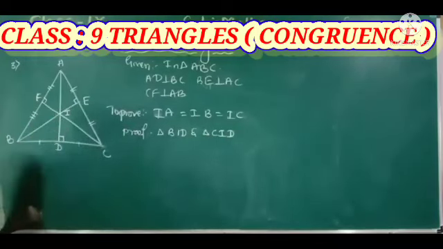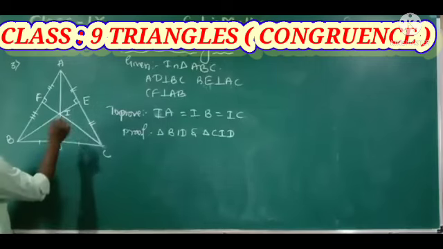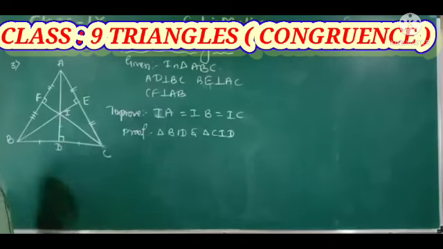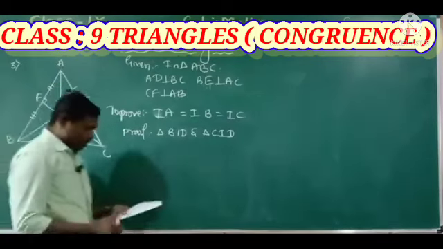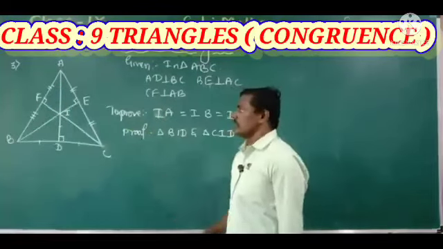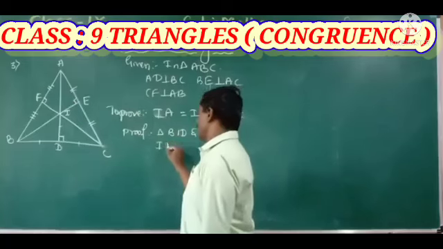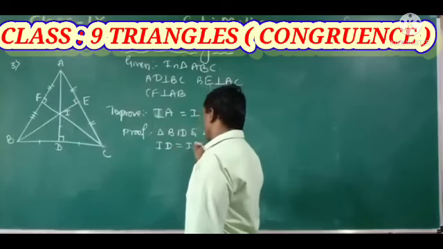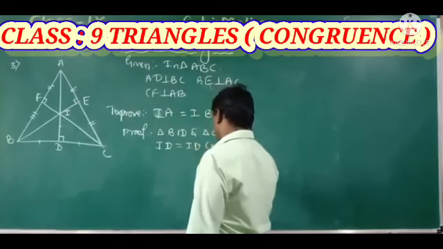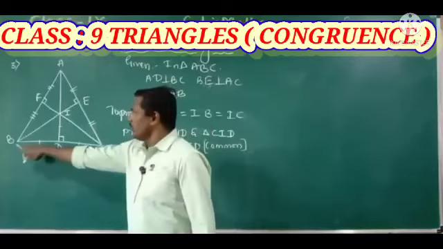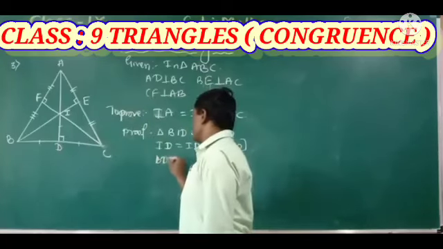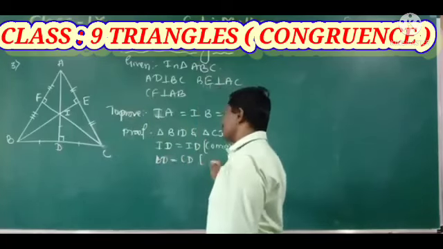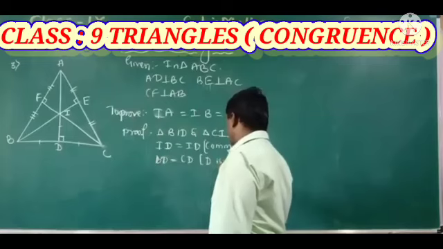In that, ID is equal to ID. It is common. Right? Next one, BD is equal to CD, because D is a midpoint.